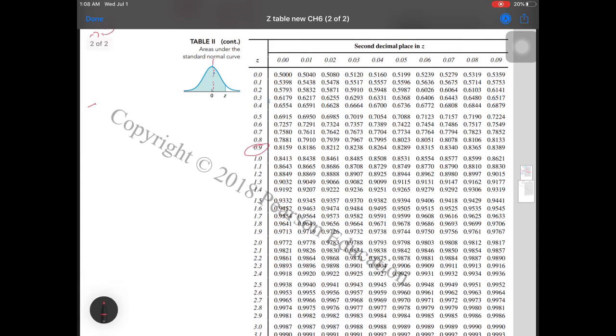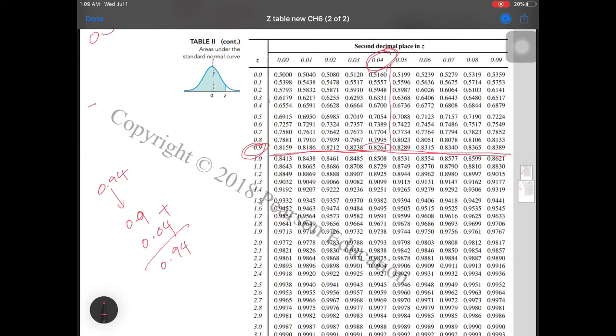Okay, I got it. 0.94, how do we break it? 0.9 plus 0.04. So that's how we got 0.94. So first find 0.9 from the row, then 0.04 using columns.